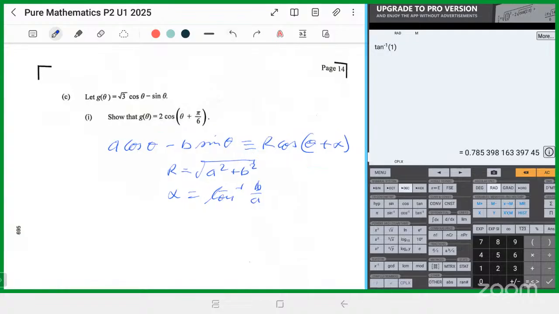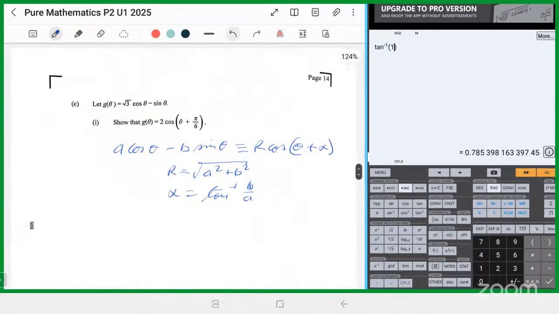So for this question up here, A is equal to root 3, and B is equal to 1.